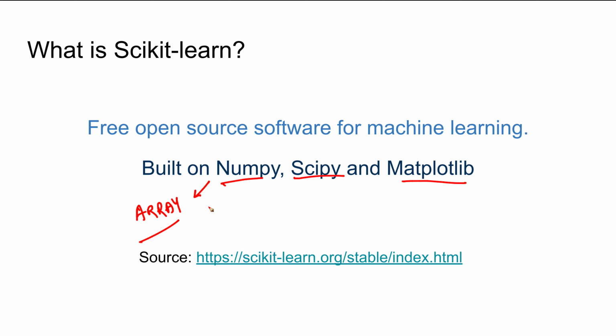We need to know how arrays work, how array manipulation works, and then of course we have matplotlib for creating different types of plots, which is also really helpful in this case.